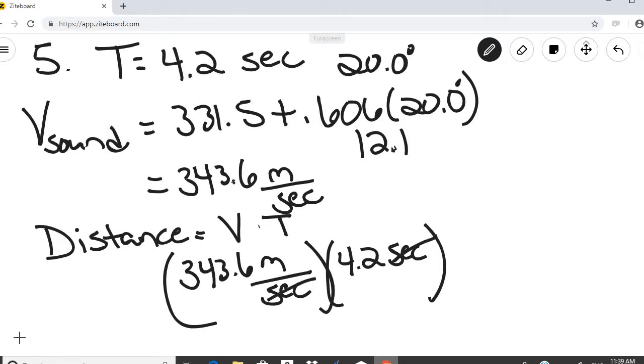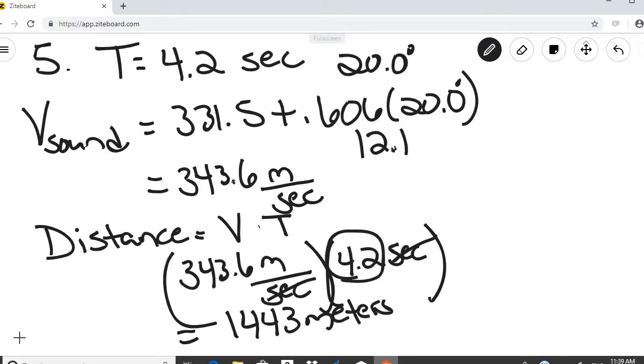We'll be left with just meters. So when you do this, you're going to get 1,443 meters, I think. But we can have only two significant figures. So we would have to say this is 1,400 meters.